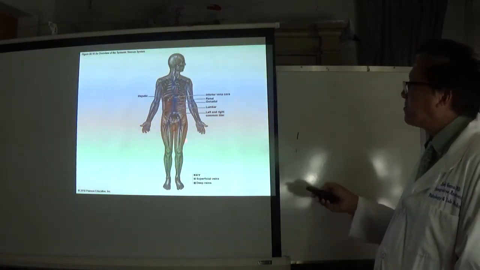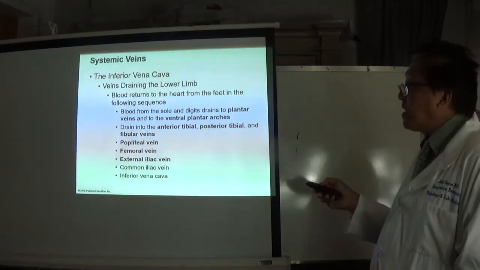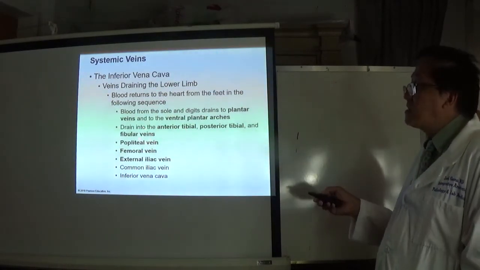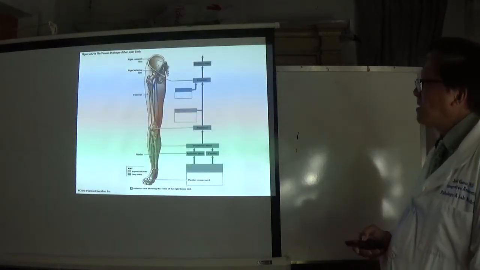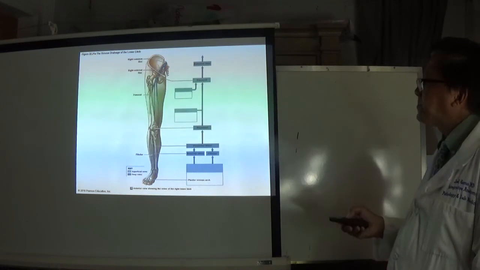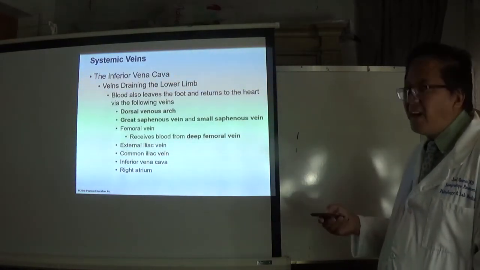All the veins here. See, so all the veins as we have listed here. Again, I do not expect you to know, but the big ones, the femoral, popliteal, iliac veins, be aware of them. See, there you are. Okay. So saphenous veins are leg veins.